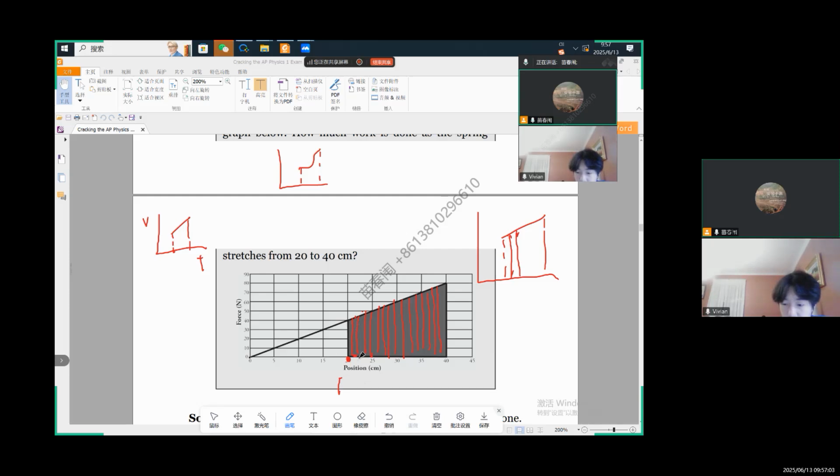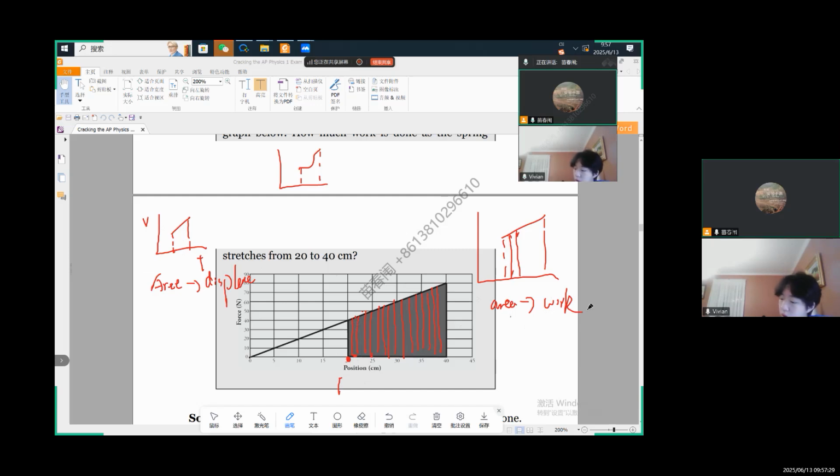So now I can also use the assumption that I have. This area is the displacement, that's before. Now I can say the area represents work, by adding so many rectangles together. Does that make sense a little?